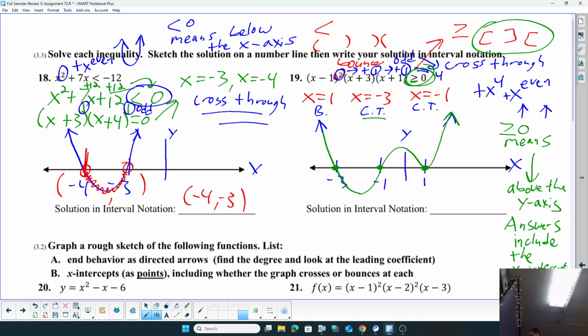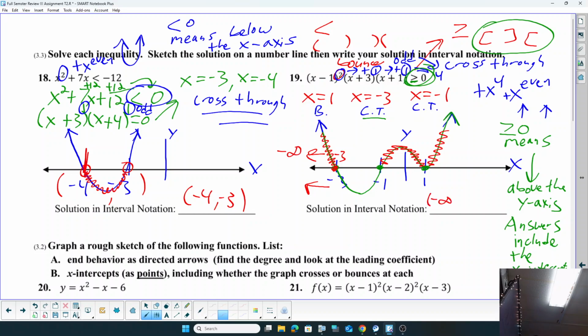Where are we above the x-axis? So we are above the x-axis here, as well as here, as well as here, right? So from -3 and to the left, we are above the x-axis, so that's -infinity.